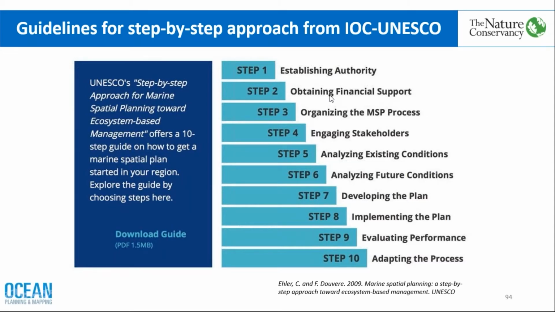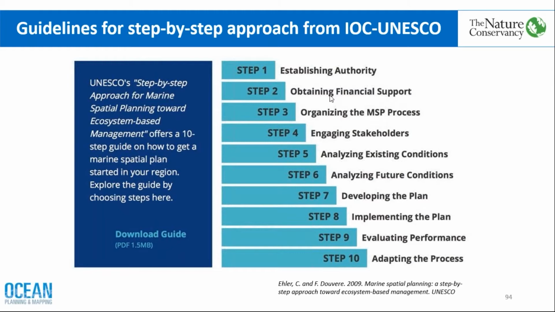Many of you would be familiar with the UNESCO IOC step-by-step guidance provided for MSP, and it's really useful to consider the 10 steps for MSP when we start considering capacity needs, as each step has an implicit consideration for capacity, or expectation even for capacity.